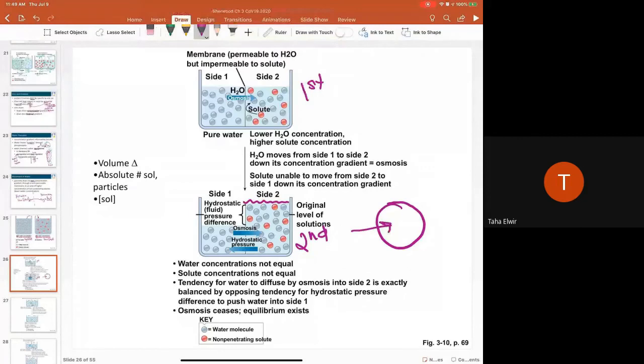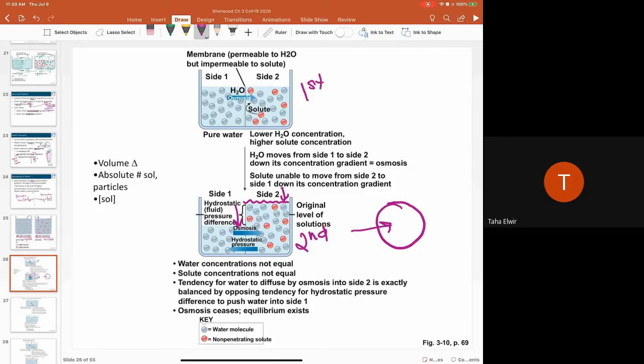In this situation, all that's happening is the volume goes up on side 2 and the volume goes down on side 1 until the pressures on the surfaces are now equal. And then net diffusion will stop.